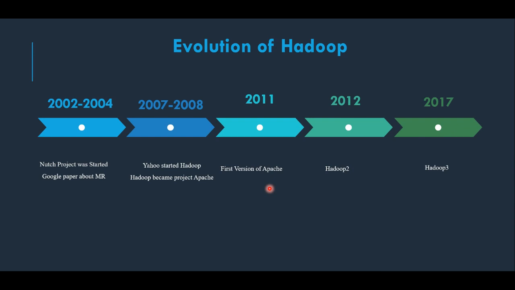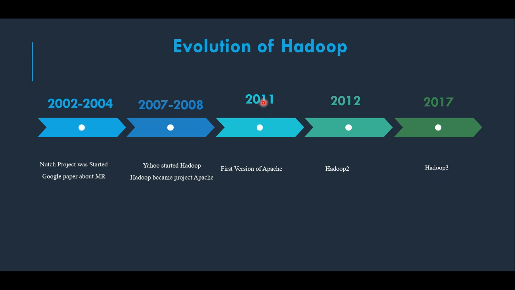Before we delve into the famous framework and explore its components, let's take a brief look at the history of the Hadoop ecosystem. Initially, it started as the Nutch project in 2002. By 2008, it became one of the projects of the Apache Foundation.